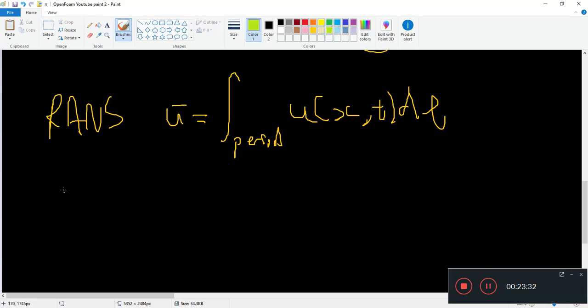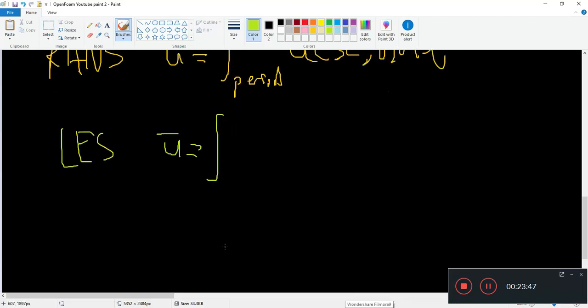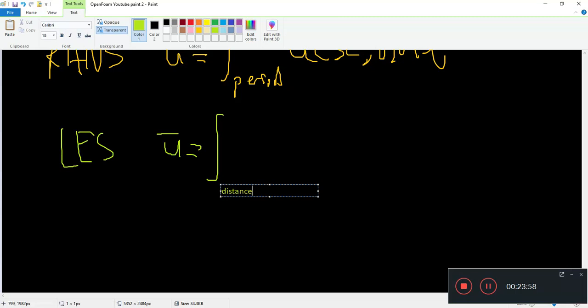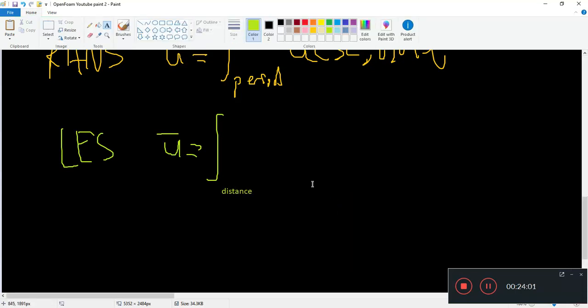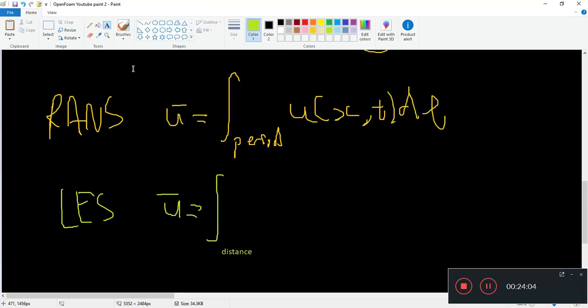But for LES, how do we do the filtering? We integrate the velocity over some space, over some distance. If we were to think of it conceptually, it could be like this: you integrate the velocity u x t across some distance, and you integrate with respect to dx.